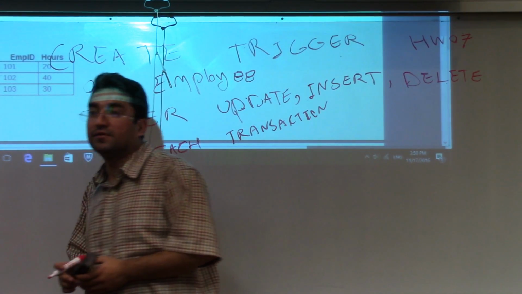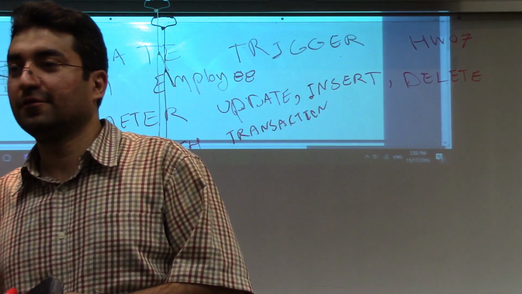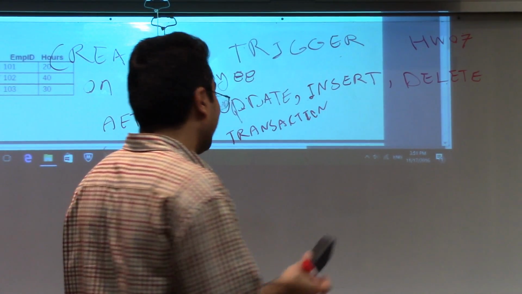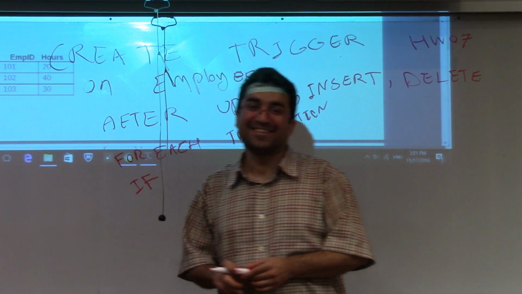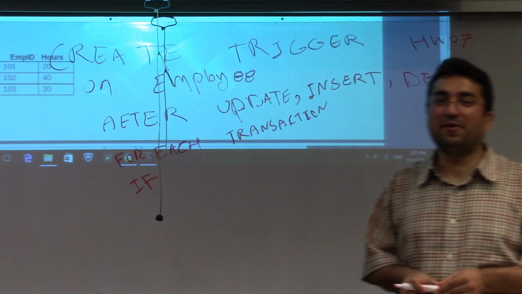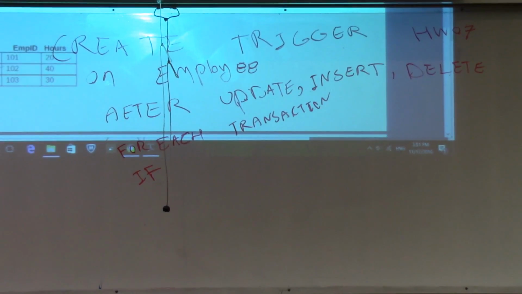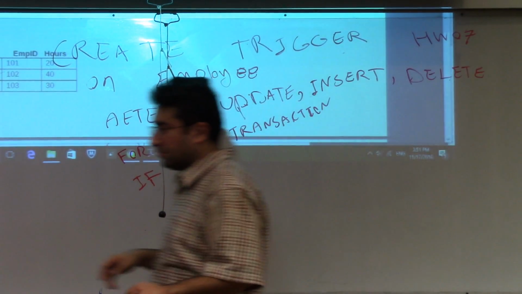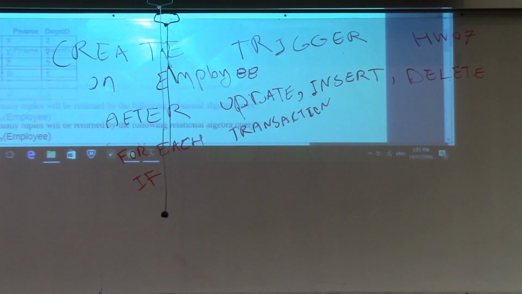If or where? If what? What condition? How do you realize that the total is different? You have to check the total before the update and after, and compare them. Exactly. So you have to check.